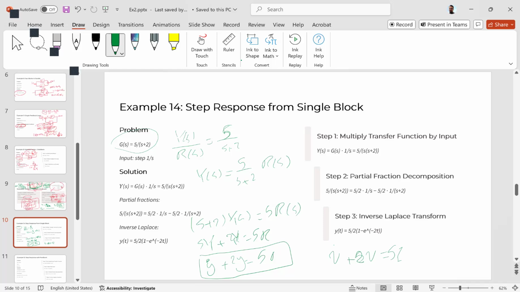On one side of the equation, you have current. On the other side, you have voltage. Let's move this current; I wanted to make it easier for you. The current is V dot over 5 plus 2V.